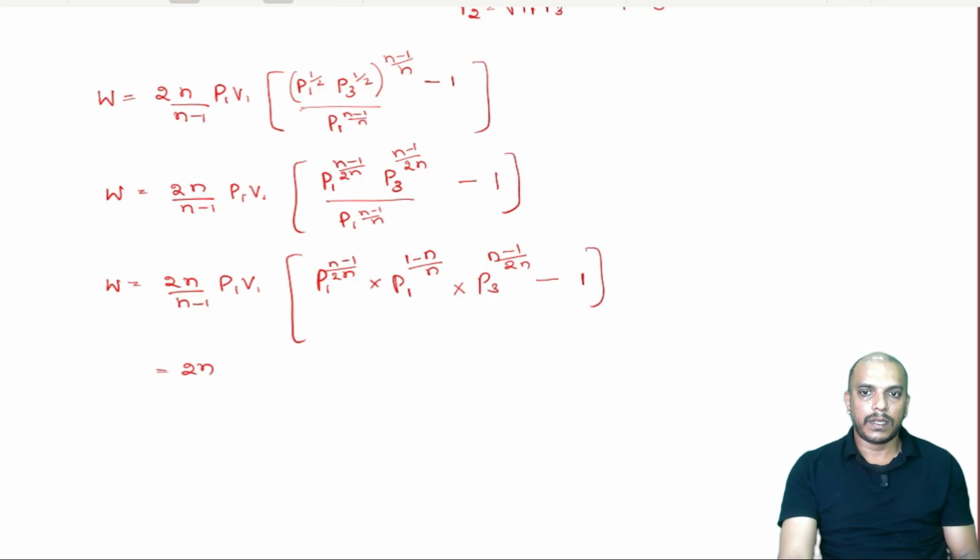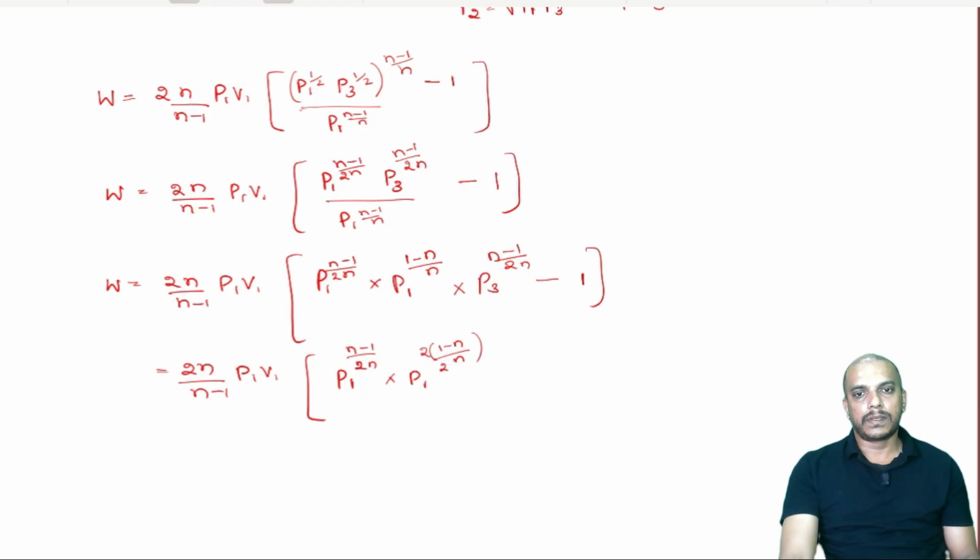Let us simplify it further. (n minus 1) P1 V1, so P1 power (n minus 1) by 2n multiplied by, now what we can do is that we will multiply and divide this term by 2, so that we can add the powers. This does not change the meaning, we are multiplying and dividing the power by 2. So, multiplied by P3 power (n minus 1) by 2n.